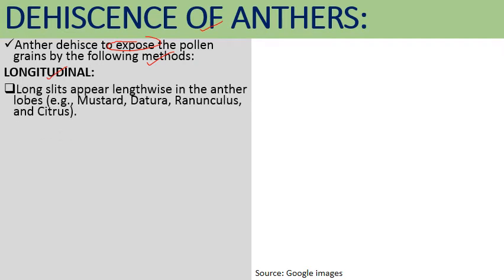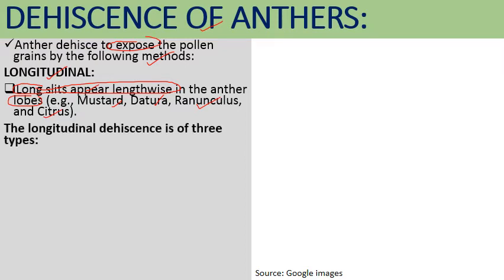In this type of dehiscence of anther, a long slit appears lengthwise. एक long crack appear होता है lengthwise in the anther lobes, and this occurs in case of mustard, datura, ranunculus, and citrus. So these are the plants in which anther shows longitudinal dehiscence.